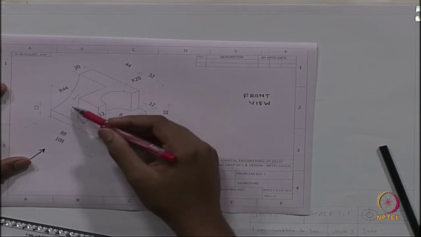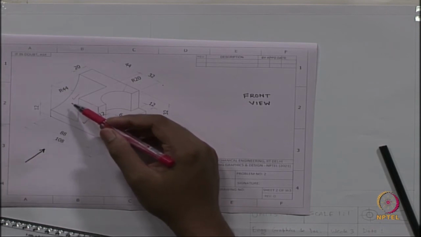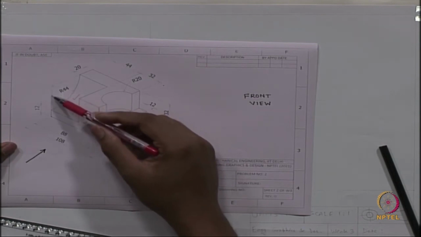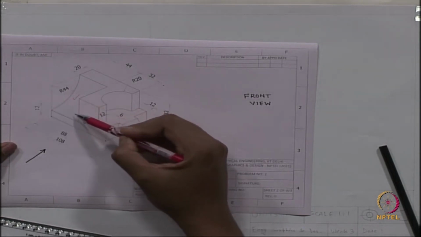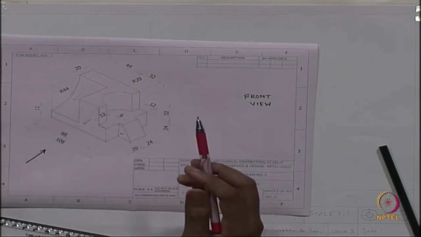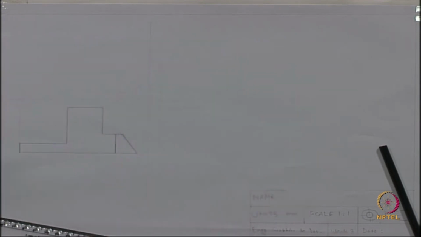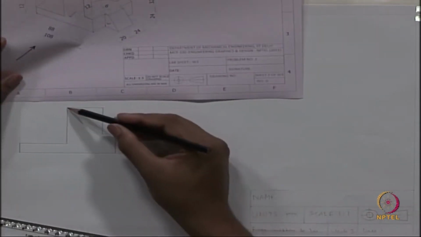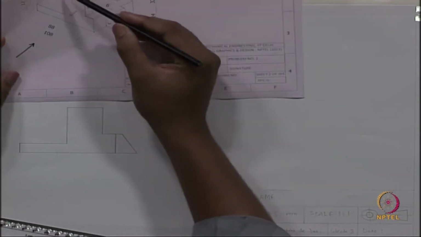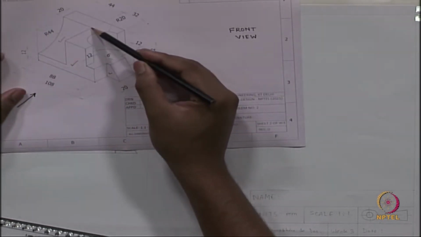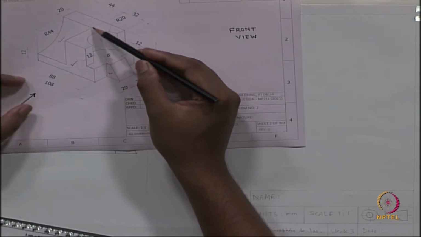So, for this curved surface we will draw a rectangle as the projection, but here both lengths are equal, this height and the radius given as 44. So, it will be a square, and it will actually start from this point, which will collide with this point in the projection.